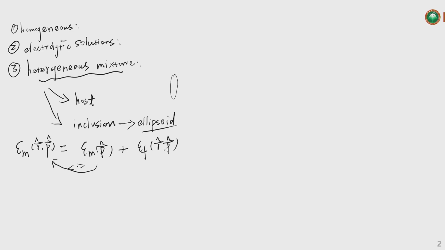It's due to the orientation of the ellipsoids. Maybe they have different directions with respect to the polarization of the electric field, and this would introduce some fluctuations on the total dielectric properties of the mixture.